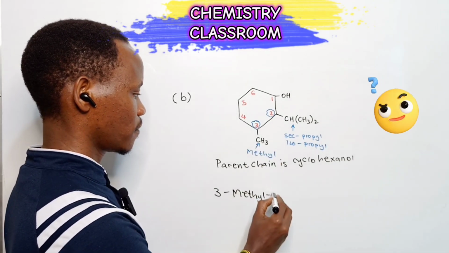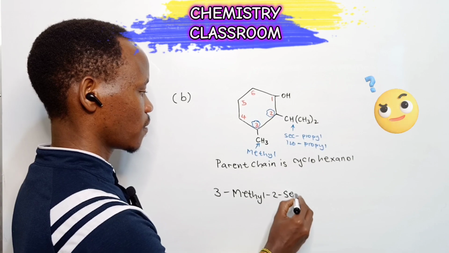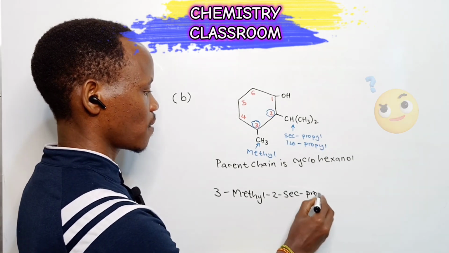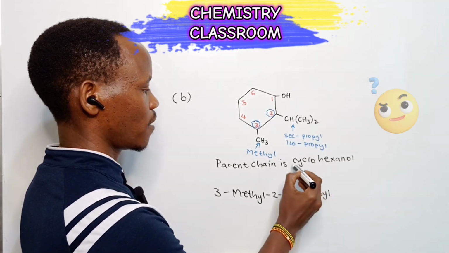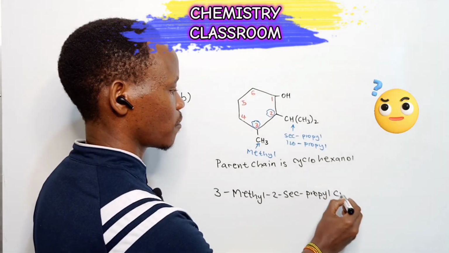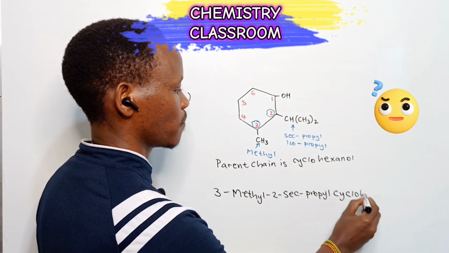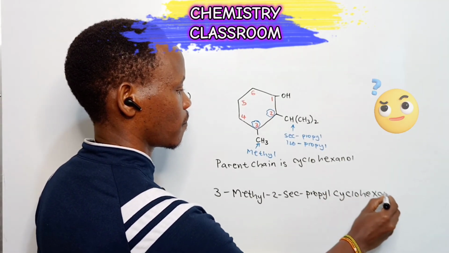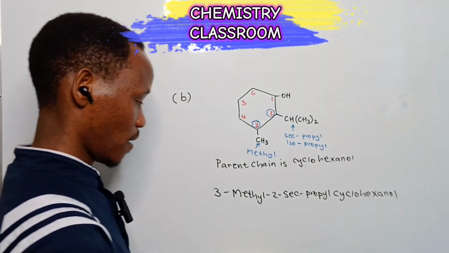and then 2-secondary propyl, followed by our parent chain or parent name, cyclohexanol.